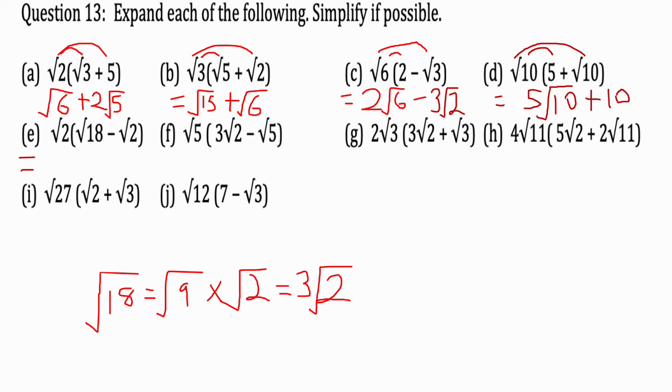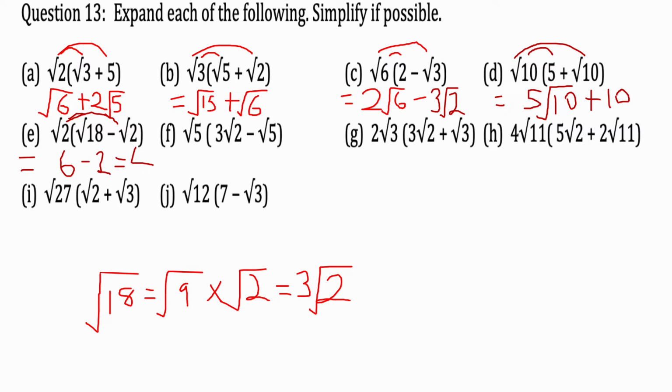Part E, root 2 times root 18, well, that's root 36. 36 is a square number, which goes to 6. Root 2 times negative root 2, well, 2 times 2 is 4. The square root of 4 is 2, so it's 6 minus 2, which is 4, guys.